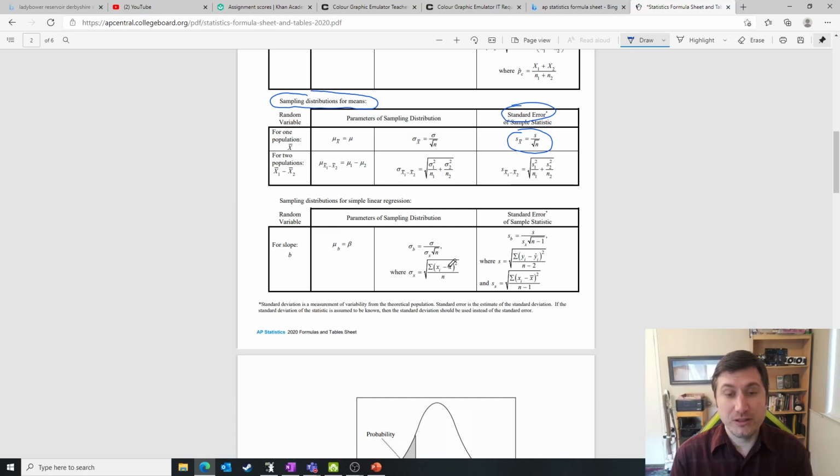Hopefully that formula looks familiar. We used this formula way back when for sampling distributions, because we've done sampling distributions for means before, way back in January. So we're going to start using that formula again a little bit.